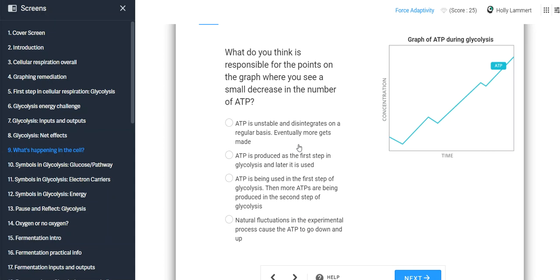ATP is being used in the first step of glycolysis, then more ATP are being produced in the second step of glycolysis. Or is it that natural fluctuations in the experimental process cause the ATP to go down and up? So from these four options, the one that we just saw happening was this third one. ATP is being used. Remember, it went into the equation, and then we actually produced more ATPs afterwards.